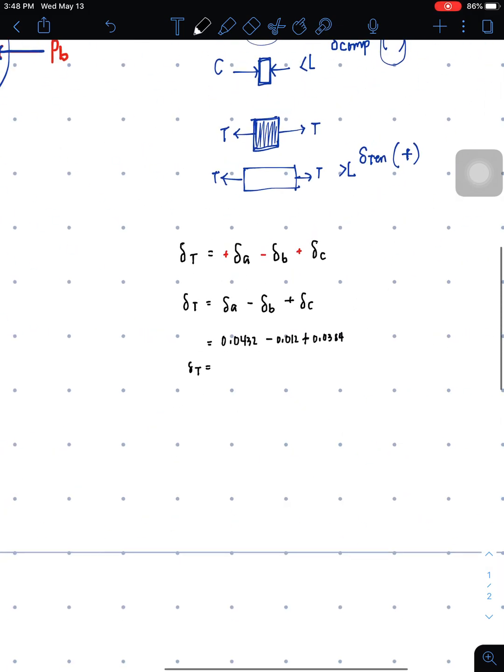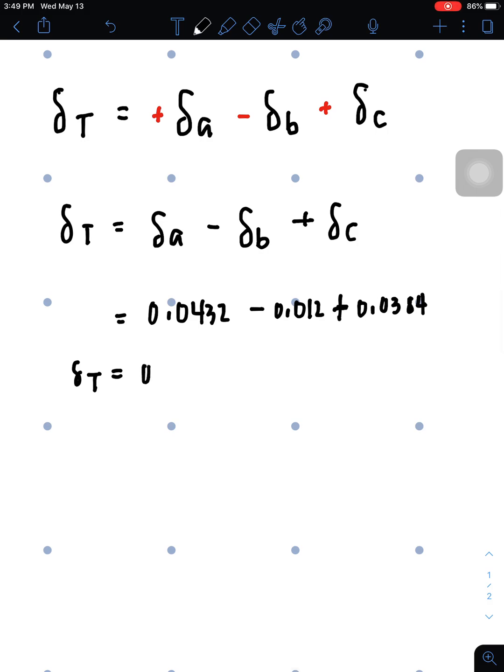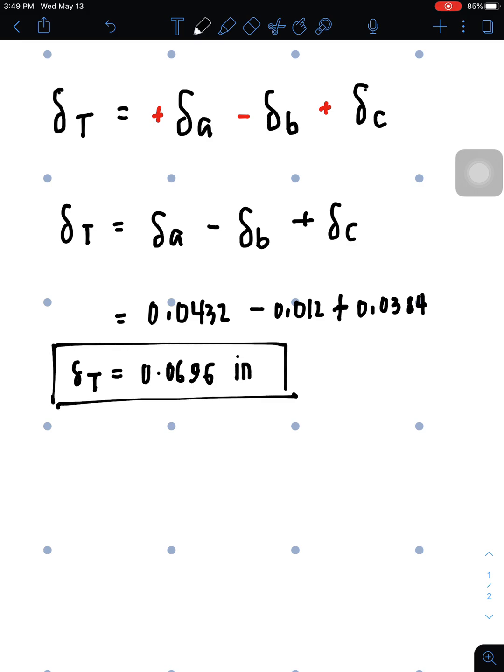So the total deformation is 0.0432 minus 0.012 plus 0.0384. So the deformation is 0.0696 of an inch. And this is our final answer.